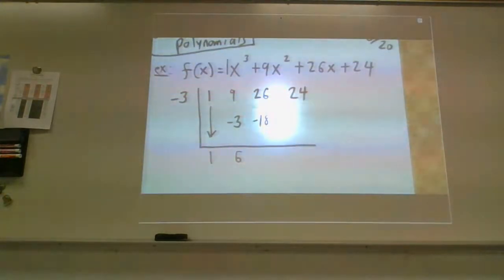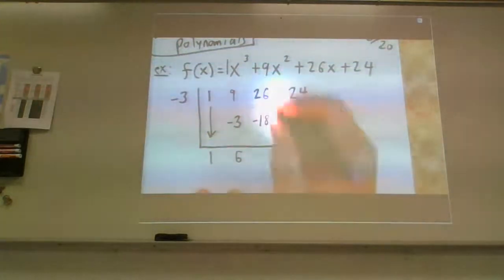Question, before I finish it. I have no idea whether or not -3 is going to work. But if it does, what number should I get right here? I should get a 0, if it works. If it doesn't work, then we'll talk about that when we get there. All right.